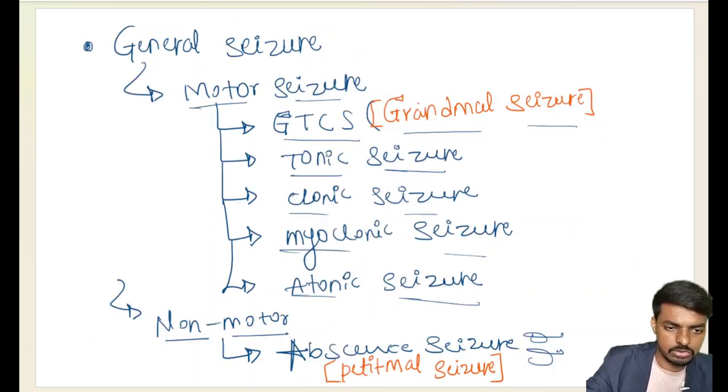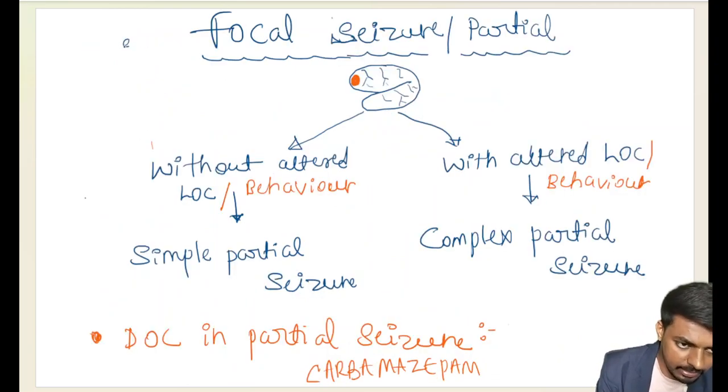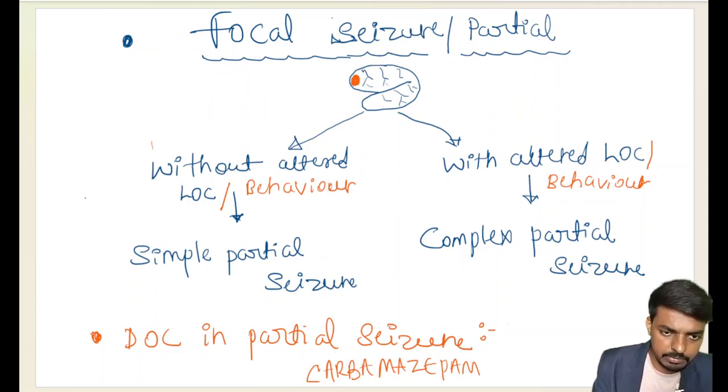In focal seizure, we have two types of seizure. I will clarify the types of focal seizure here. Very important: focal or partial seizure means abnormal electrical activities originate from one particular single part of the brain.